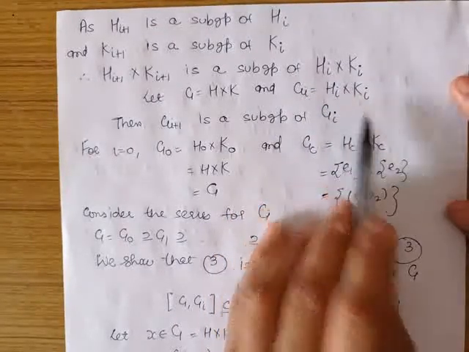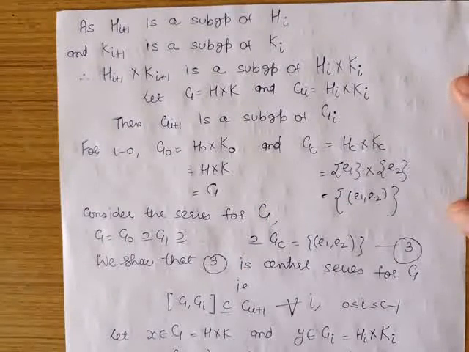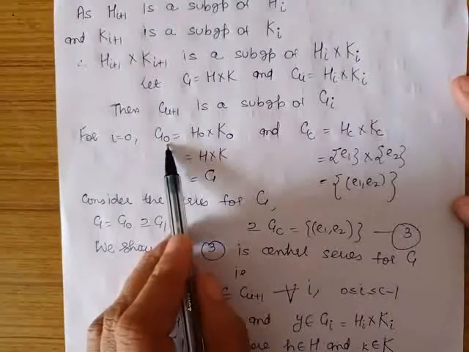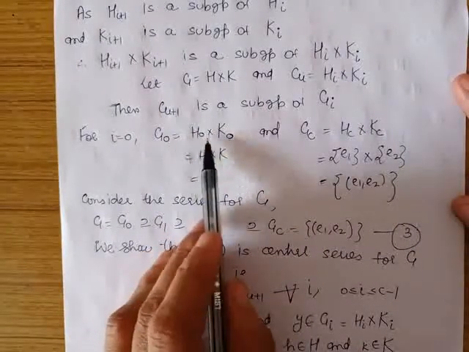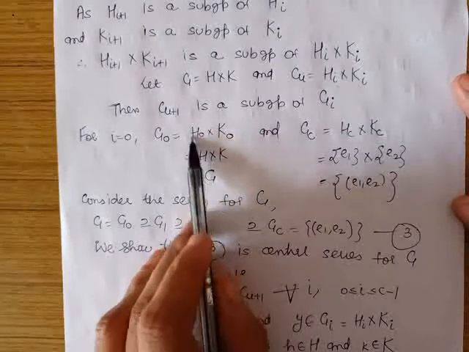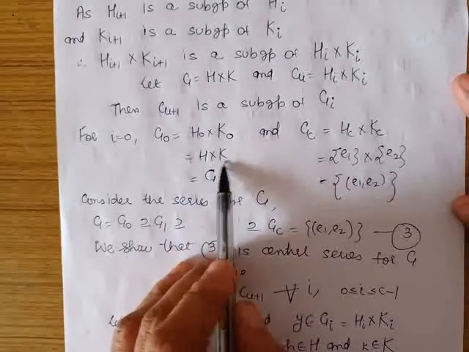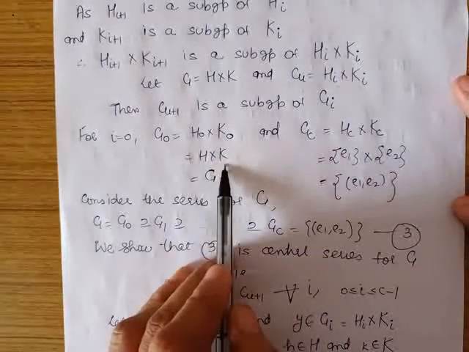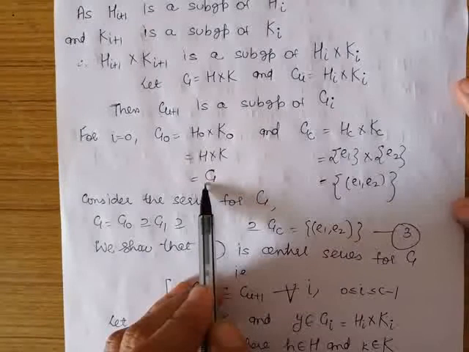Then Gi+1 is a subgroup of Gi. Now for i equal to 0, we have G0, which is H0 cross K0. H0 is H, K0 is K. So G0 becomes H cross K. H cross K is G, so G0 is G.